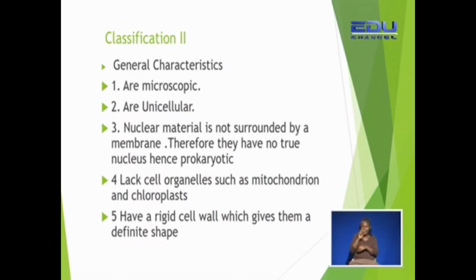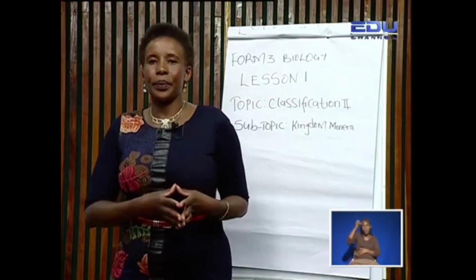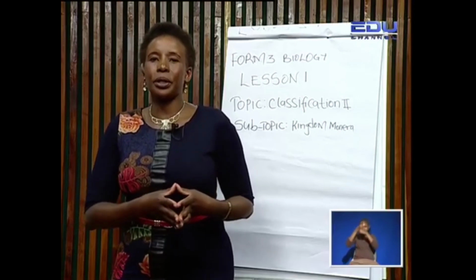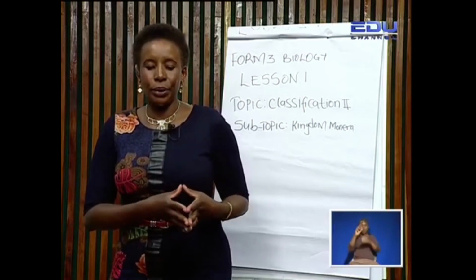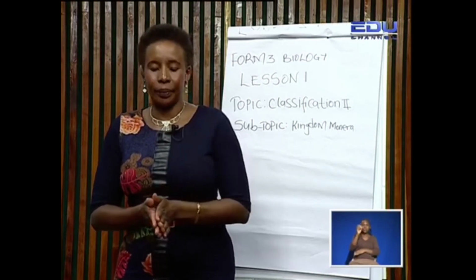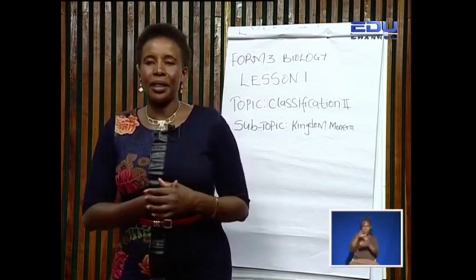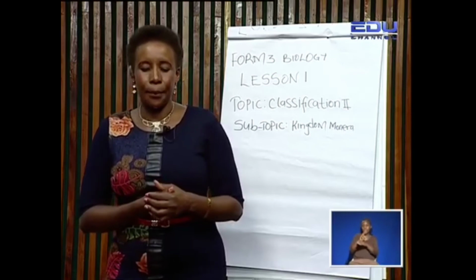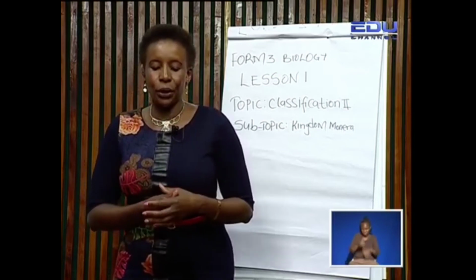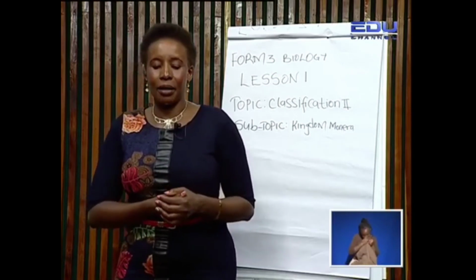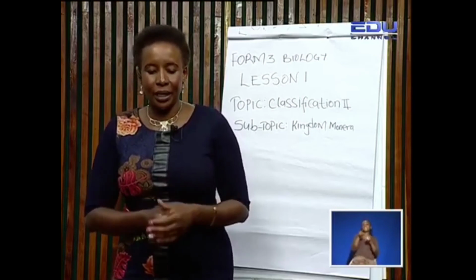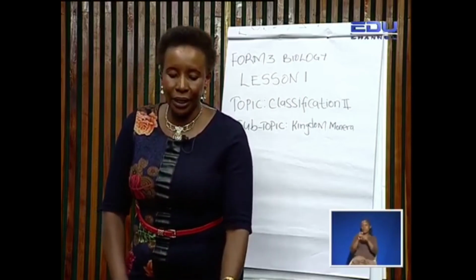Student, I know you are conversant with a light microscope, which has a low resolution, and therefore when we are studying this organism, we can only see more features by the use of an electron microscope. So these organisms are microscopic in that they cannot be seen with our naked eyes.